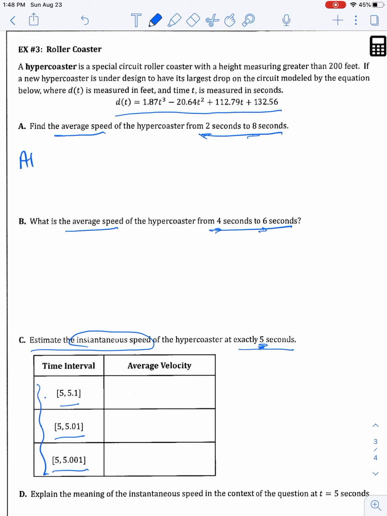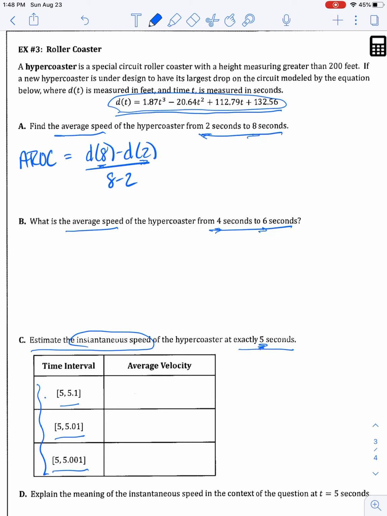So the AROC is going to be d of 8 minus d of 2 over 8 minus 2. To get what d of 8 is, I'm going to type this into my calculator, and then I'm going to go to my table, and I'm going to scroll down to where 8 is and where 2 is and get those values. I'm not going to show you how to do that because I assume that you know.